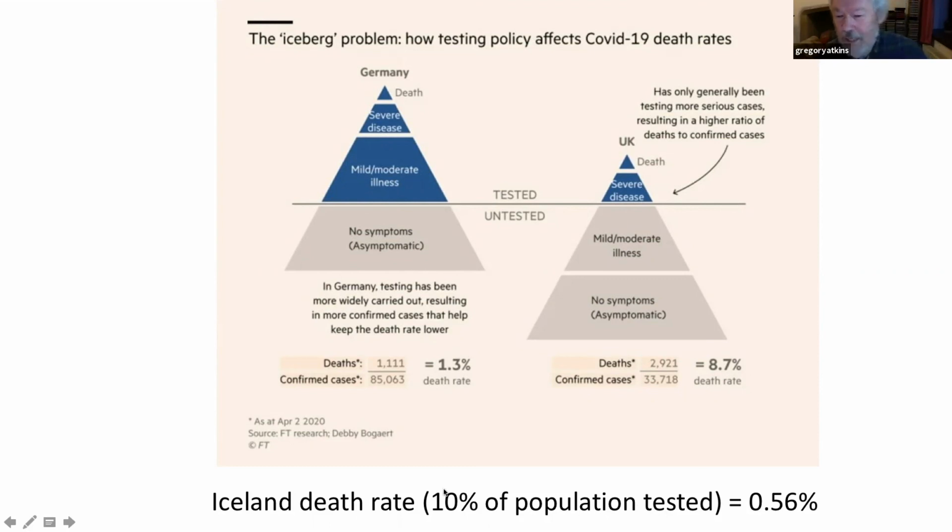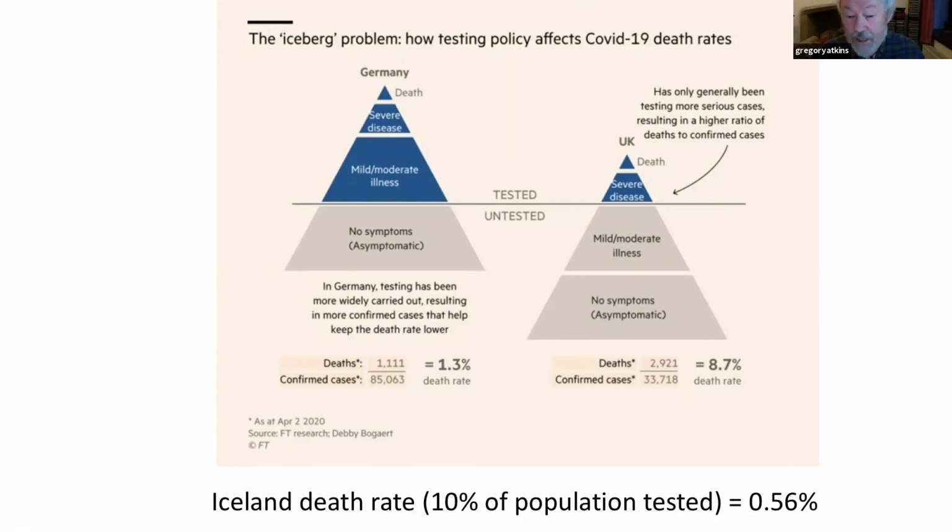Iceland is the only country who did this early on. They allowed anybody to, and again, this wasn't random. What they did was test anybody who turned up who wanted a test. And they were usually people who'd been in contact, but not always, usually people who'd been in contact with somebody who was known to have the disease.